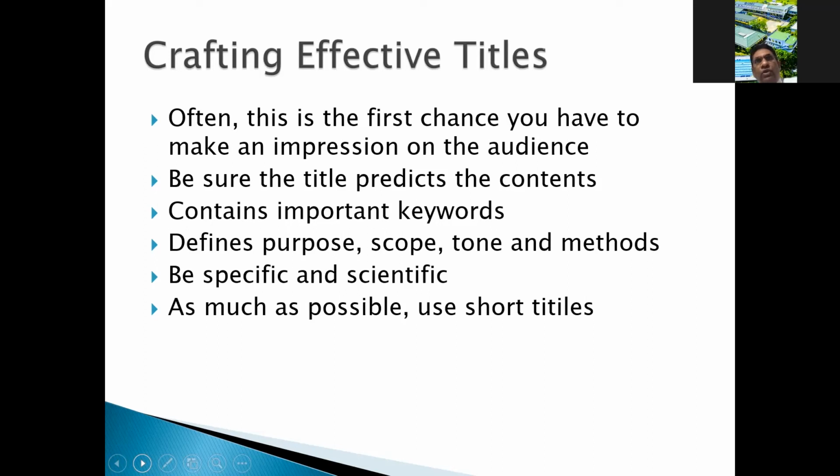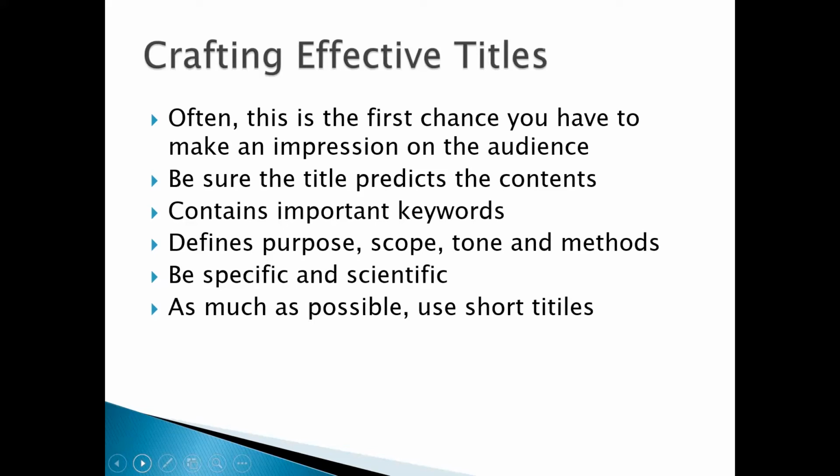Then also, you need to be sure that the title predicts the contents of your paper or your thesis, which means the title should correctly reflect or describe the contents of your paper or your research. Then also it should contain important keywords. Then the title should briefly describe the purpose, the scope, the tone, or the methods.